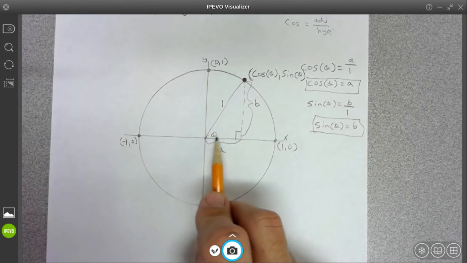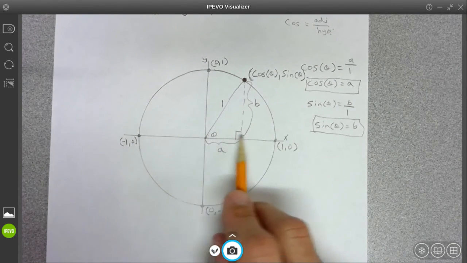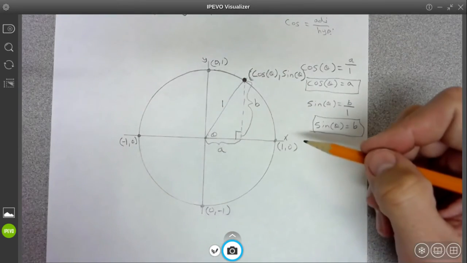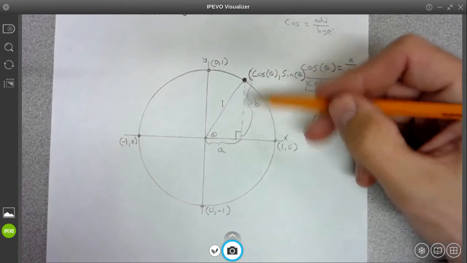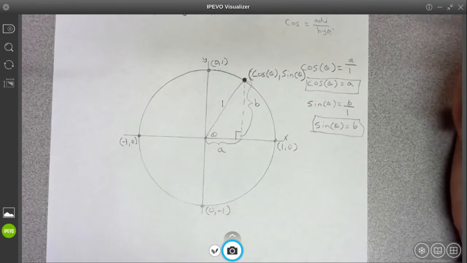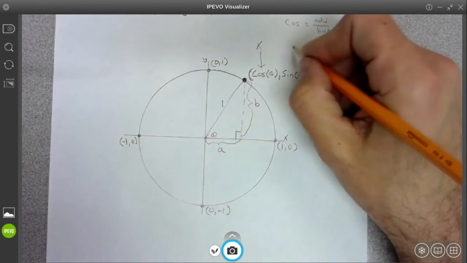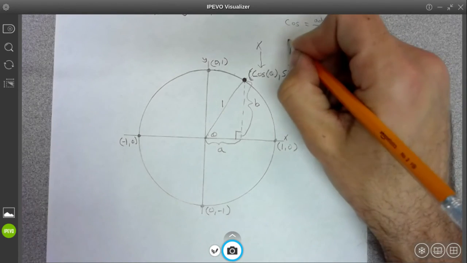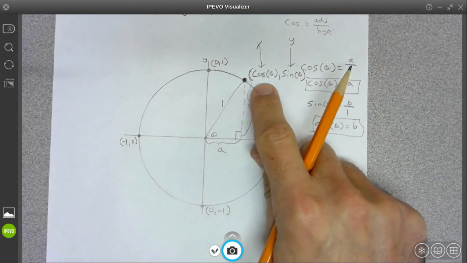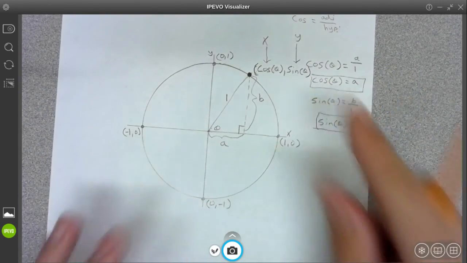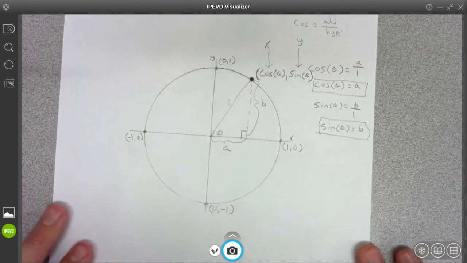Cosine is going to be your x direction, how much to the left and right the point is on the circle. And the up and down is going to be represented by your sine. This is going to be true for quite a while. We're going to be focused on this for quite a while. Cosine is going to act kind of like our x values, and sine is going to act like our y values.